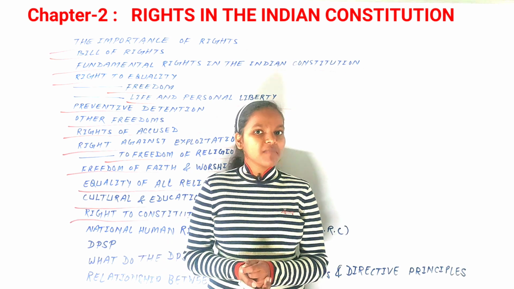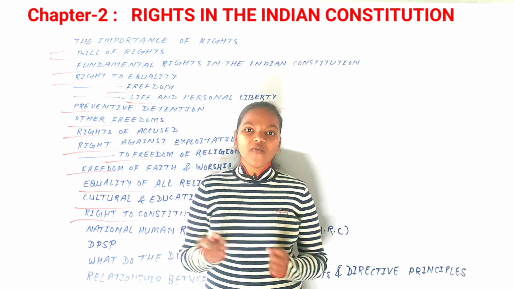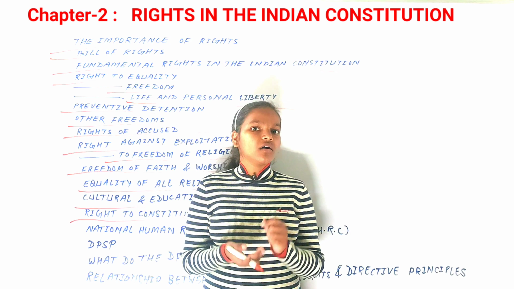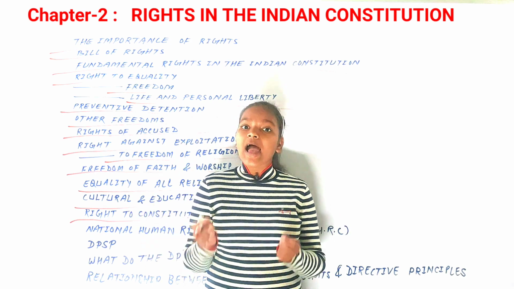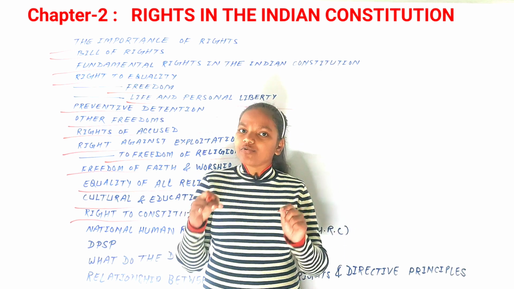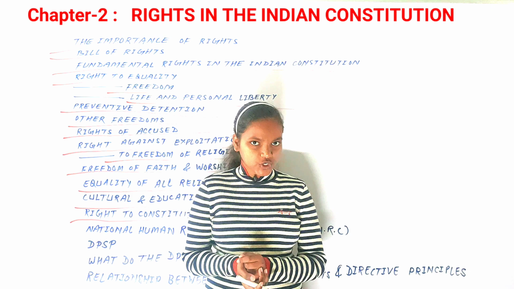Then we have secondly mandamus. Mandamus writ is issued when a court sees a public officer not doing his legal duty and stepping on the rights of an individual. Thirdly, we have prohibition.